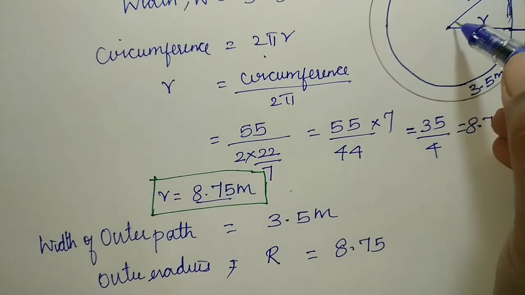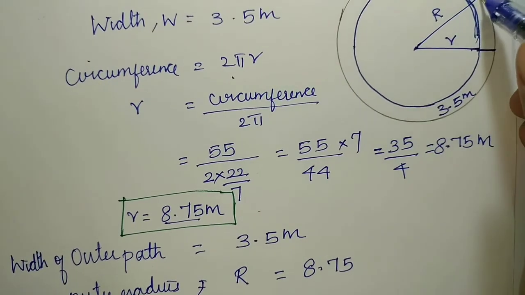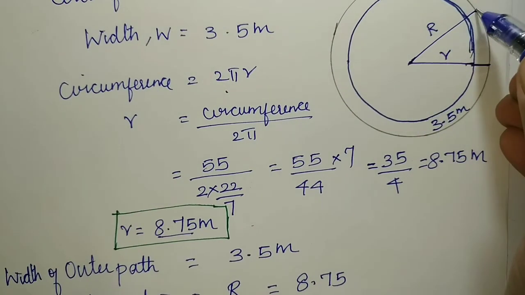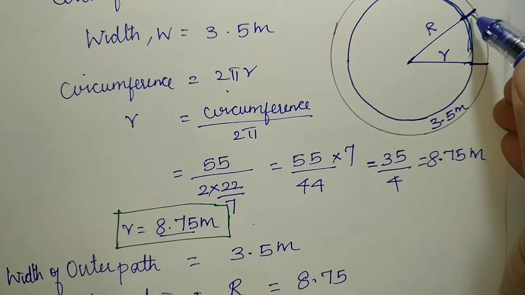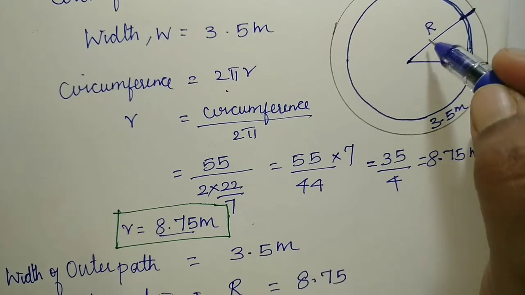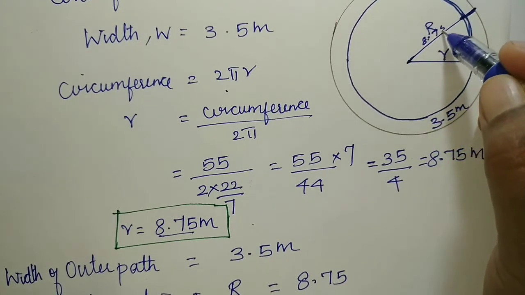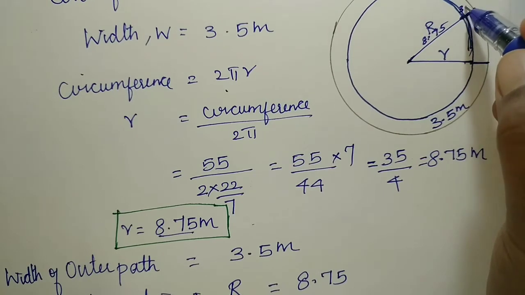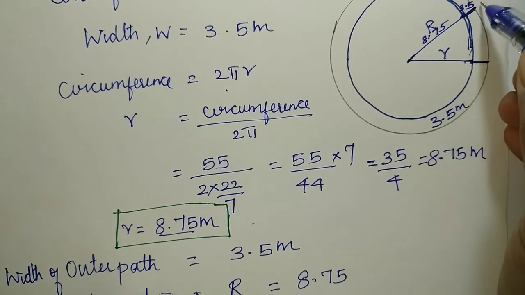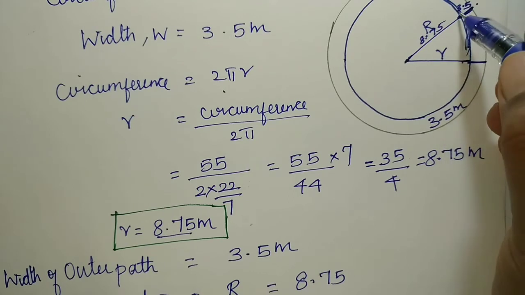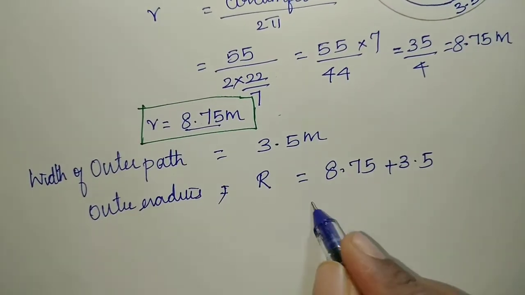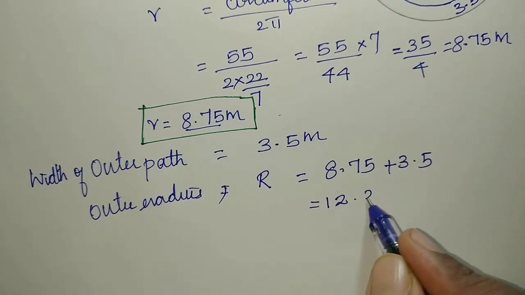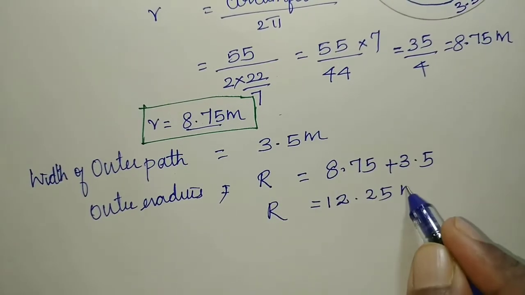See, this is the capital R. From here to here is r, and from here to this small gap is the width. Width is given as 3.5. What is this? 8.75, we just found out. Now capital R is 8.75 plus 3.5, so total 12.25. This is capital R.